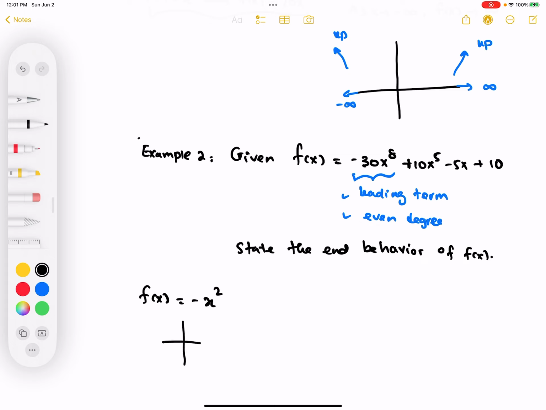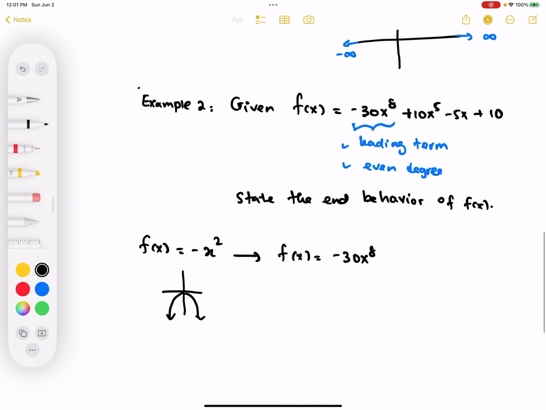The graph of that is down, right? So it is compared with our given negative 30x to the 8. In order to analyze the end behavior, you just take the leading term. As x goes to positive infinity, f of x goes to negative infinity. As x goes to negative infinity, f of x goes to negative infinity.